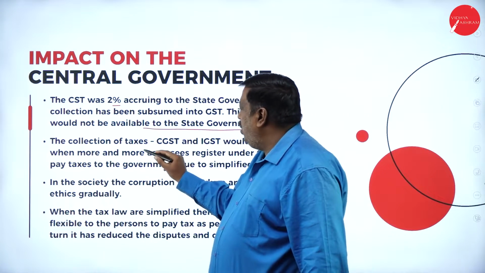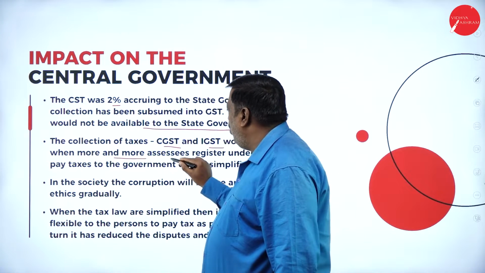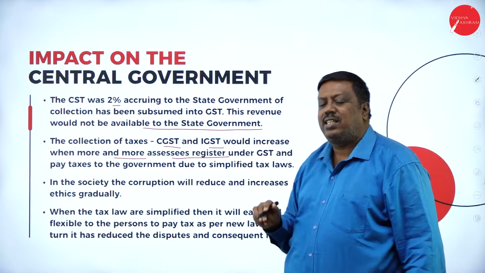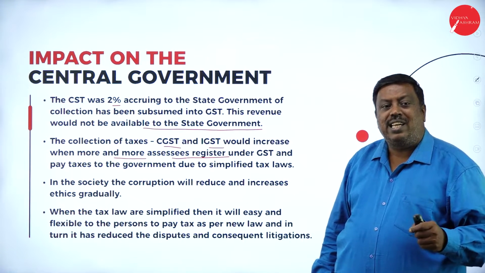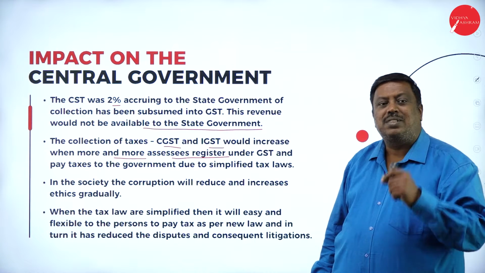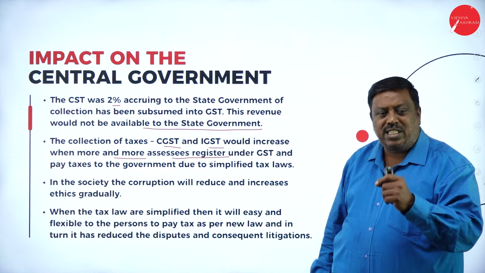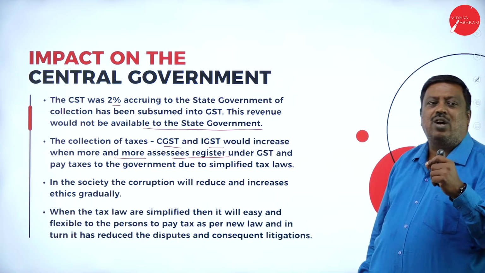The collection of taxes, CGST and IGST, would increase when more and more assessees register under GST. They're saying that the revenue benefit for the central government will increase when the number of people registering themselves under GST increases, and they're going to enroll the business sector under one concept.